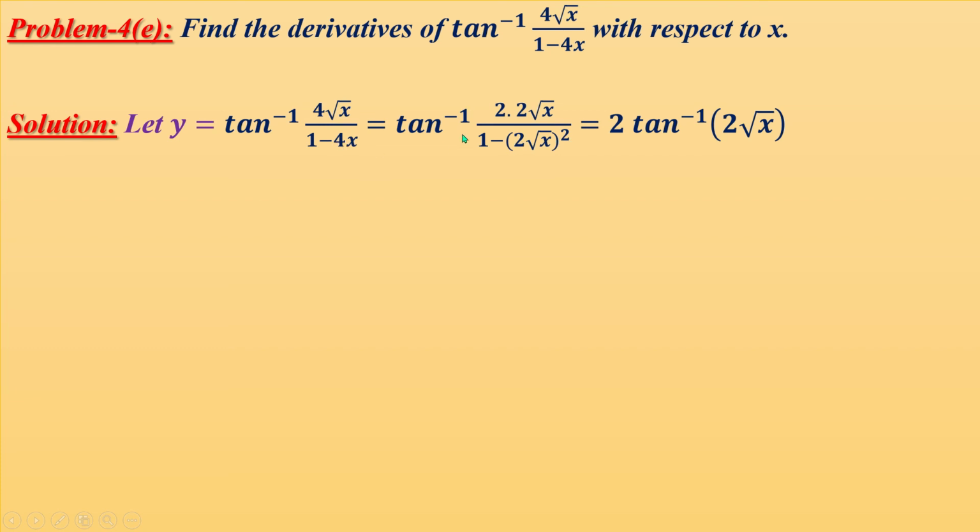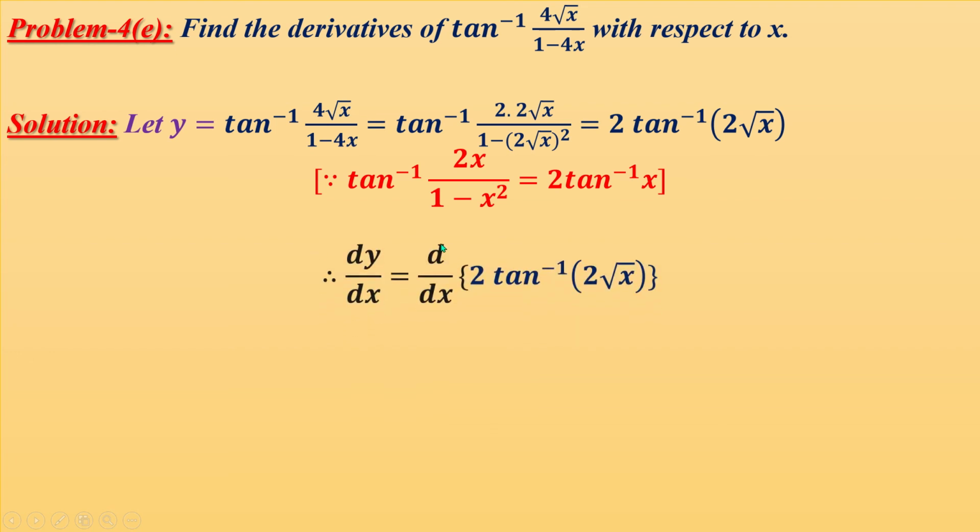So for making the formula, we can write like this, no problem, because we know tan inverse of 2x divided by 1 minus x square is equal to 2 tan inverse x, and here x is 2 root x. This formula is used here. Clear?